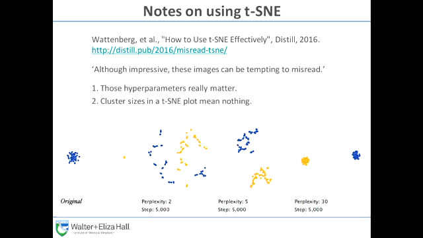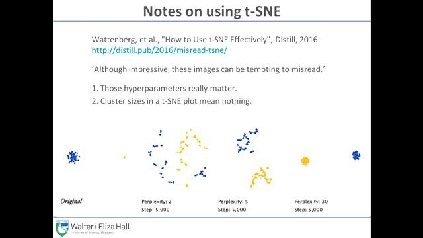What's quite nice about TSNE is that it was created by Laurens van der Maaten and Geoff Hinton. If you've not yet spent time in the machine learning field, Geoff Hinton is a very famous figure in machine learning. They're quite honest about what it is. They say TSNE is a way to create nice pictures of high-dimensional data sets, and it can do that very well in many settings.